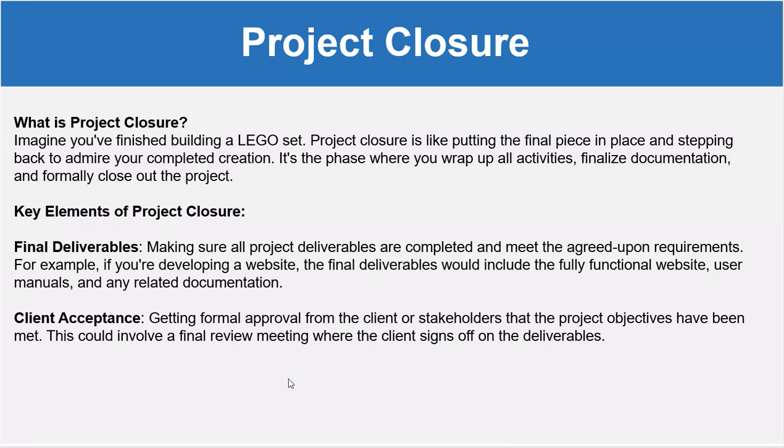Then client acceptance: once everything has been delivered, we meet with the customer, ensure that everything has been delivered, and get the final sign off from the customer on the deliverables. That means all the deliverables have been provided to the customer.